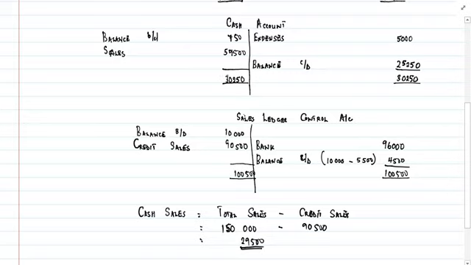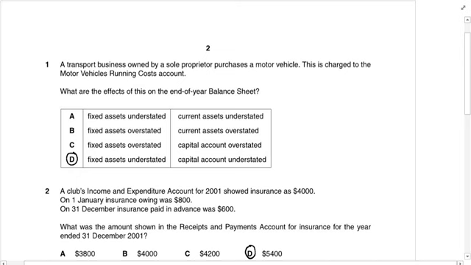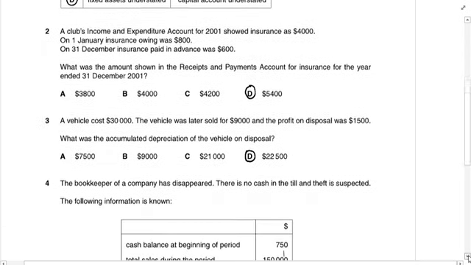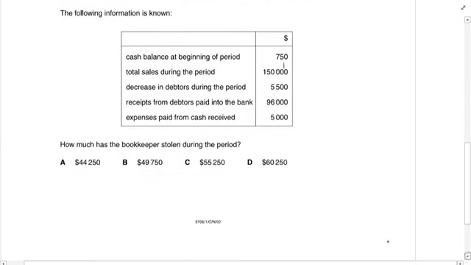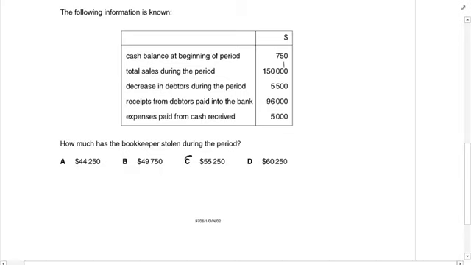Right, so that's 60, minus 5,000, we get 55,250. Right, so come and look at our answers. 55,250, the correct answer is found at C there. Right, so that's how we go about it.